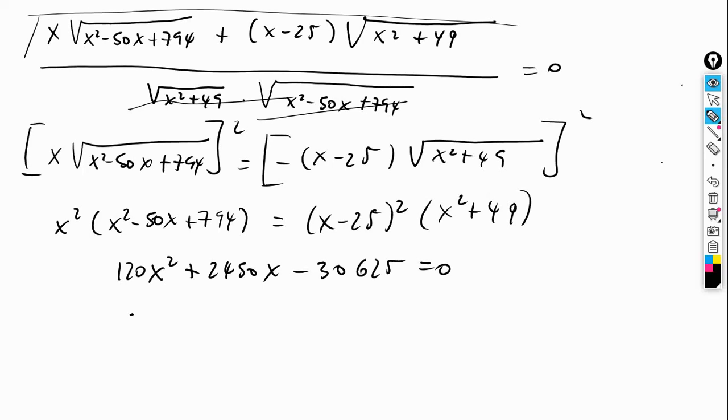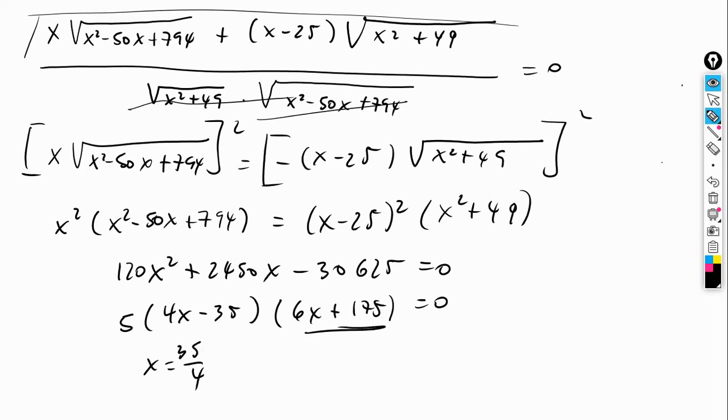Then we can factor out a 5 and just do inspection, and you're going to get 4x minus 35 times 6x plus 175. And obviously the solutions for x will be 35 fourths here. And this one will be negative, therefore we're not interested in the solution for this. So x is equal to 35 fourths.